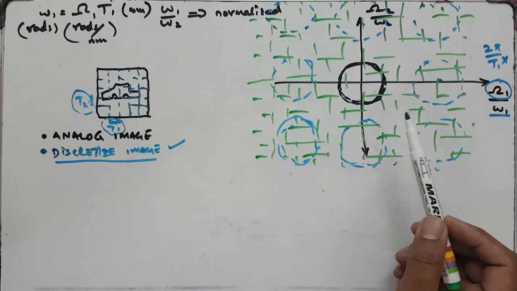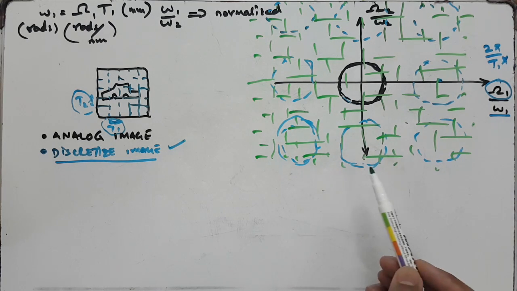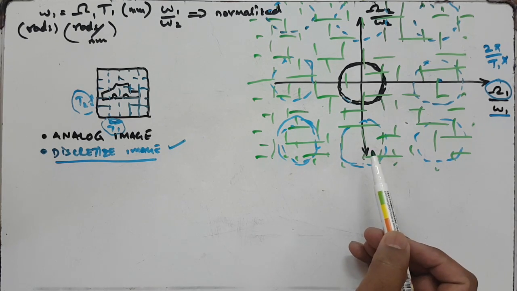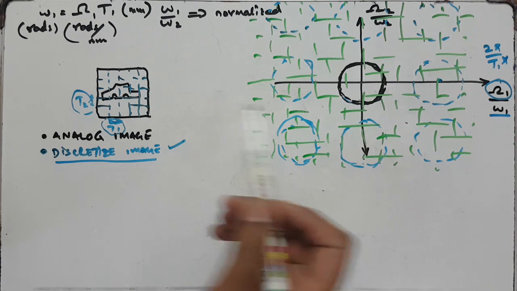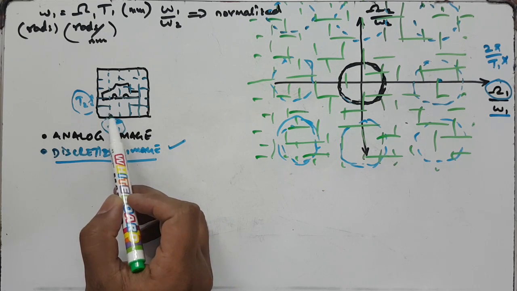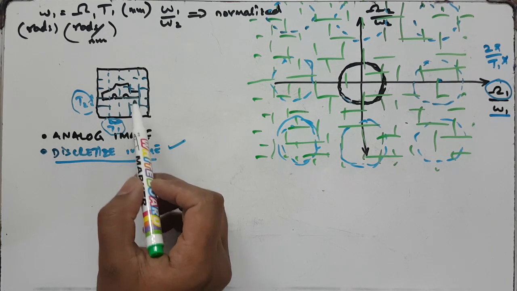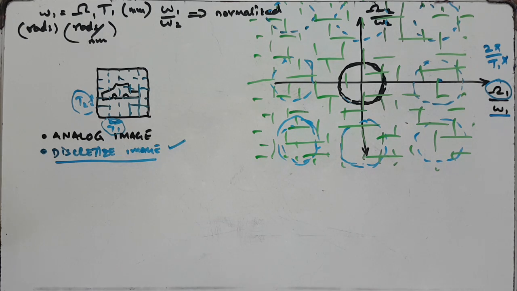Similarly, if we do sampling, which is the green part, in the frequency domain, then what does it mean? It actually means periodic extension of the discrete image in the spatial domain. So the discrete image, which was in the blue part, it gets periodically extended. I'll draw it with another color.